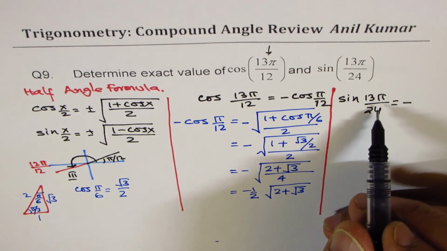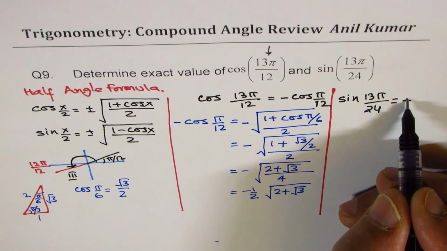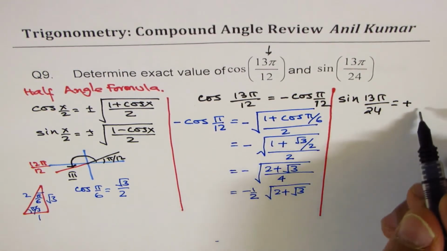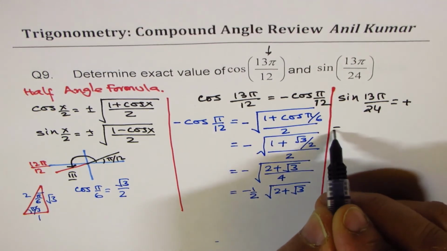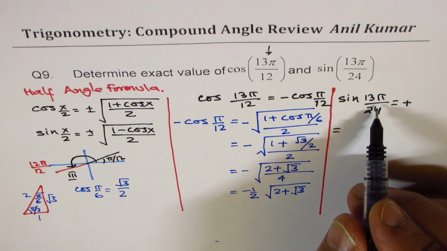13 pi by 12, which quadrant are we actually in? That is a positive value. Let me write it down here first. 13 pi by 12 means we are in quadrant 1.